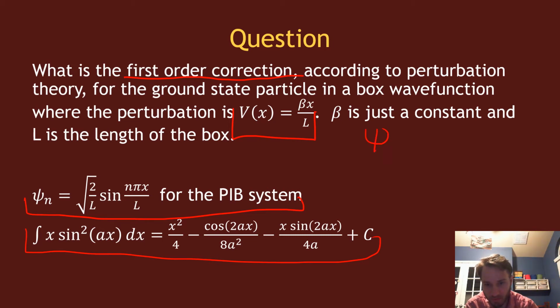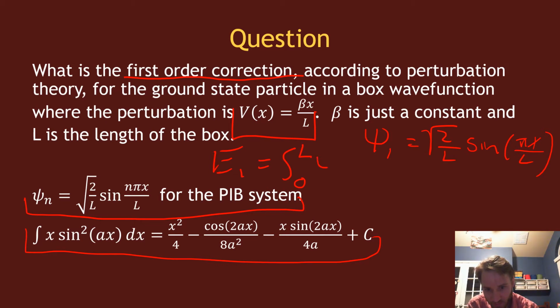The ground state particle in the box wave function is psi1, which equals the square root of 2 over L times sine of pi x over L. And so the first order correction is equal to the integral, in our case from 0 to L, because our system exists from 0 to L, of psi1 star V psi1 dx. And so that is the integral we need to solve for the first order correction.